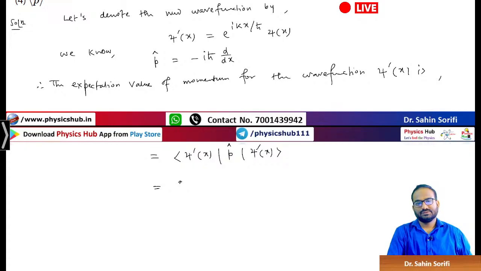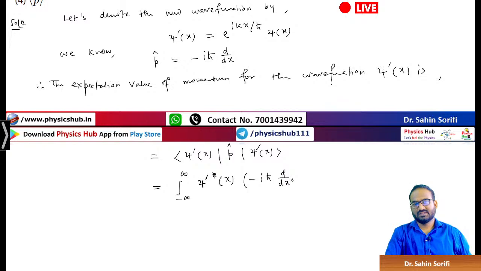So this is equal to the integral from minus infinity to plus infinity of psi prime star of x, with p equal to minus i h cut d/dx, acting on psi prime of x, dx. You can write it in this way.